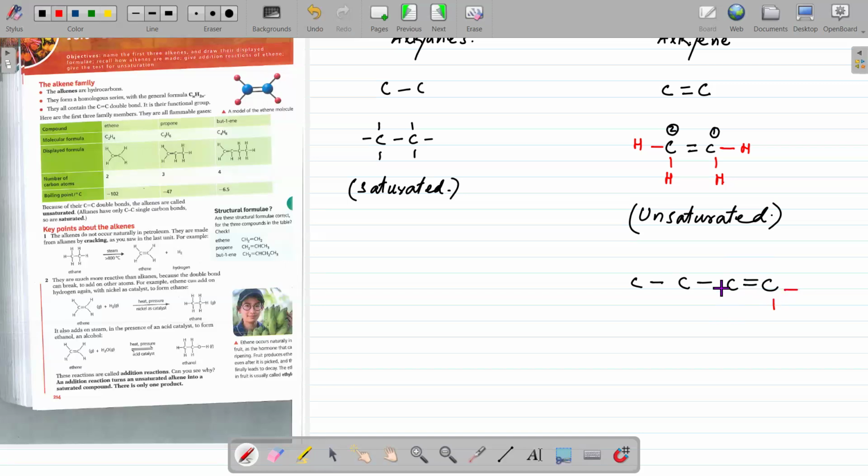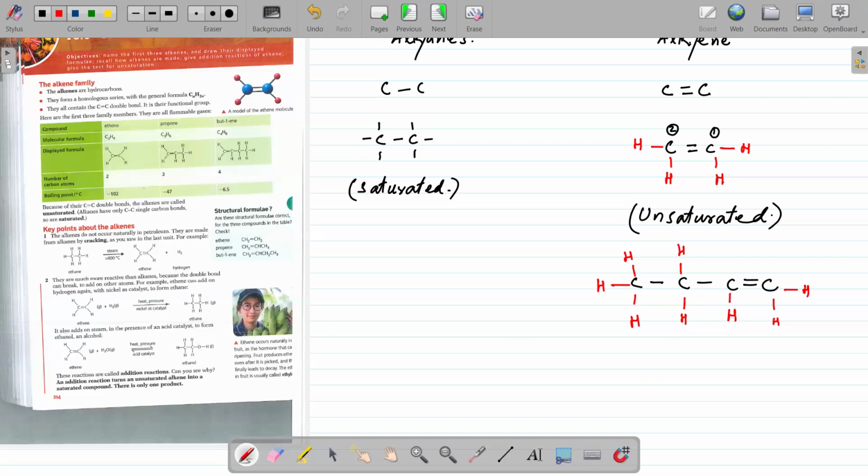Here we have one, two, and three bonds already made, so one hydrogen with this second carbon, and this carbon has made two, so two more hydrogens. This one has one, two, three. So every carbon has four bonds, but here we can see there is an unsaturated point, which is the carbon-carbon double bond.